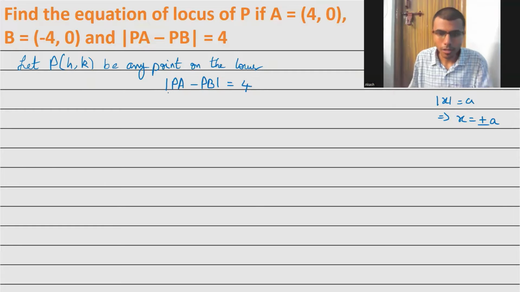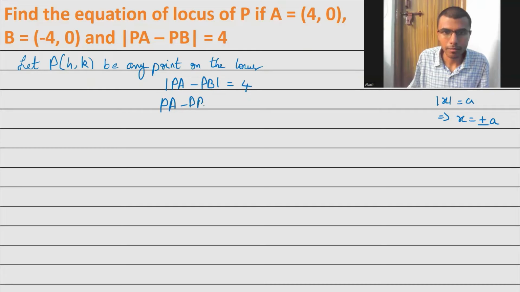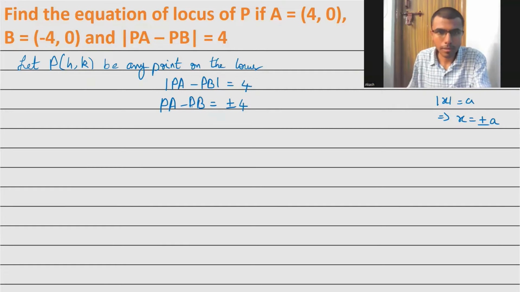So similarly, mod PA minus PB is equal to 4 means that PA minus PB is equal to plus or minus 4. Now send this PB to the other side.